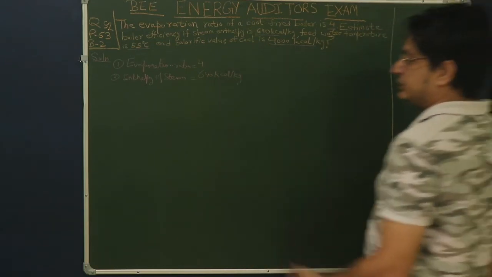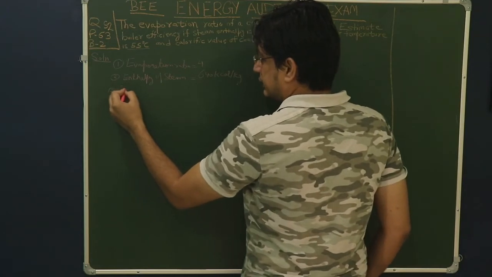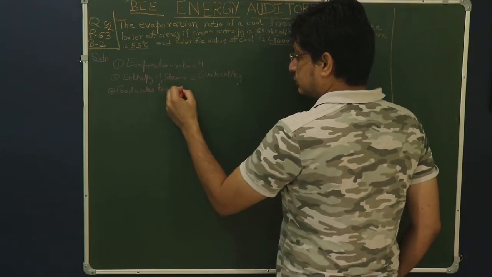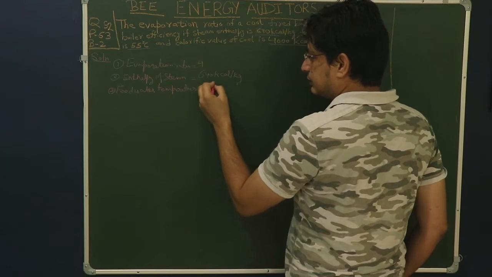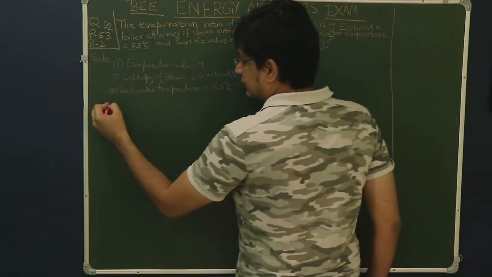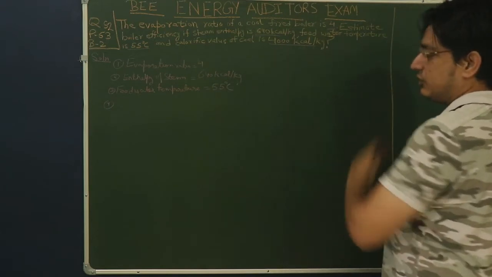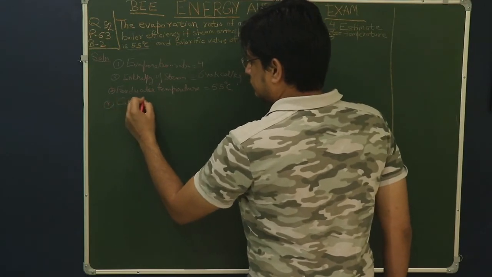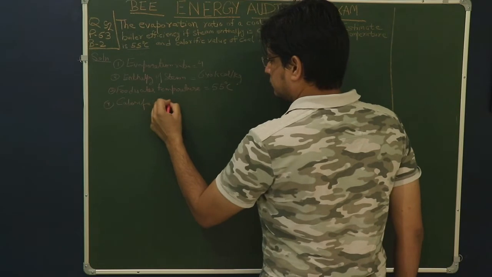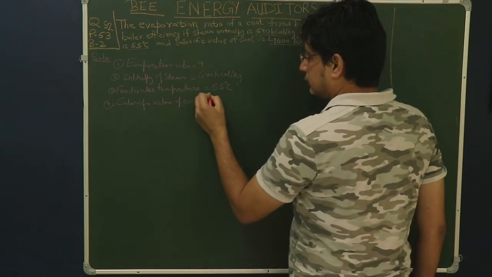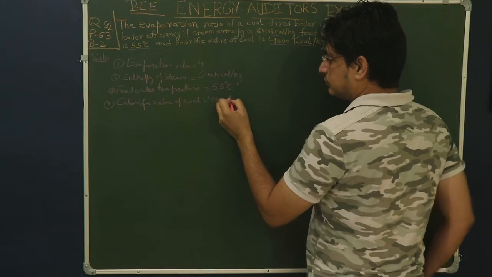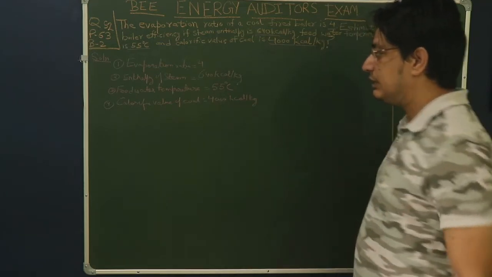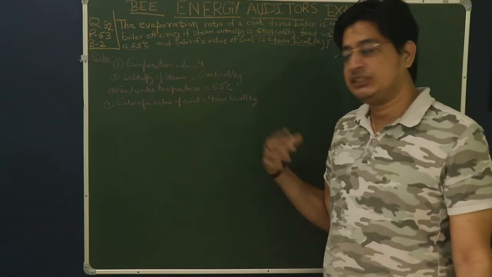Then the feed water temperature is given, which is 55 degrees centigrade. And the last thing which is given is the calorific value of coal, that is 4000 kilocalorie per kg.